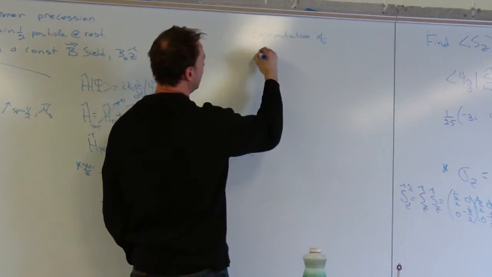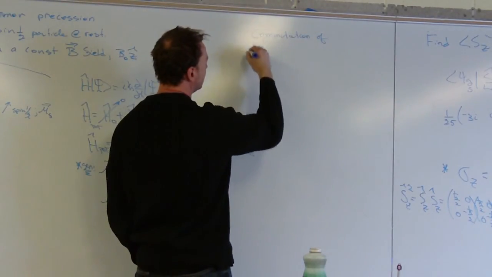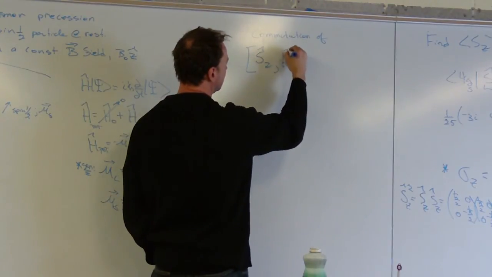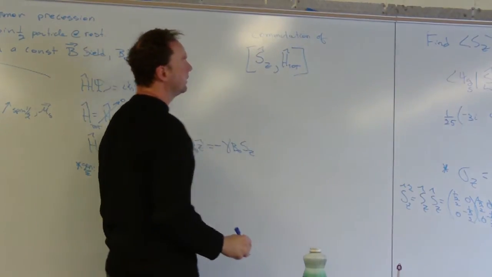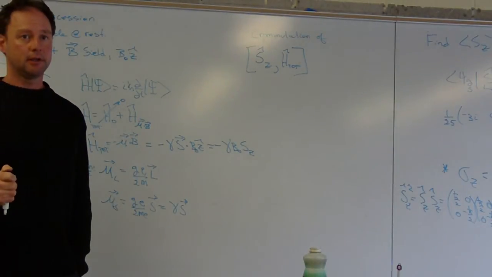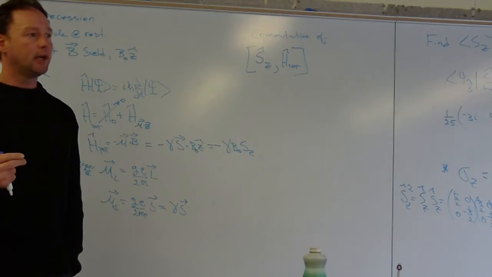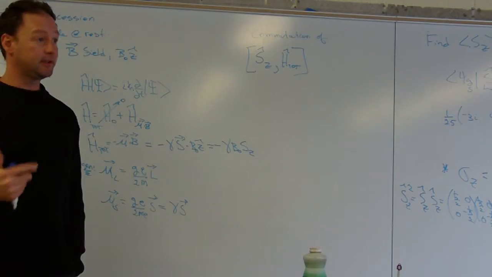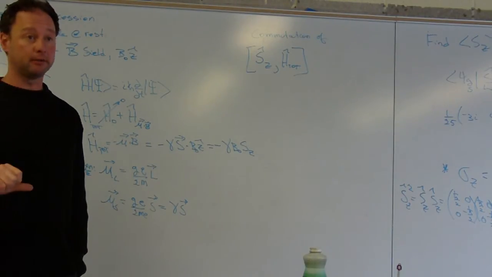of S_z and H total. Why? And the answer is, I know what the eigenbasis is, or the eigenkets, or the eigenspinors of S_z are. They're up and down, right?